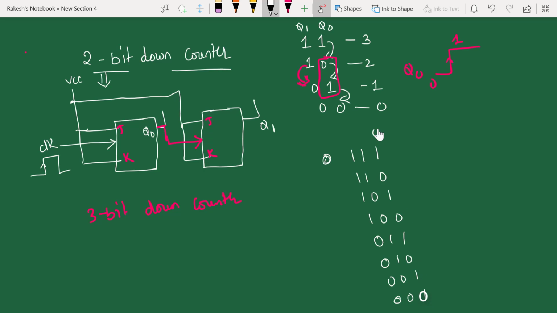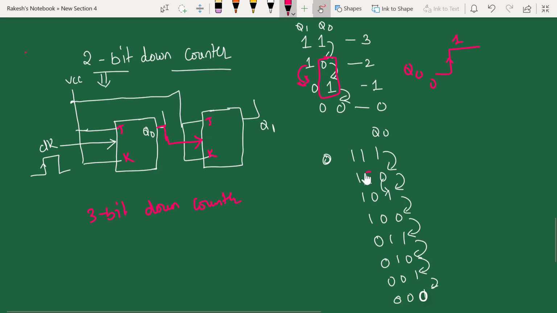If you look at here, your Q0 is toggling for each bit, 0 to 1, 1 to 0. That means your Q0 will be connected to the clock, and your second flip-flop is toggling whenever your Q0 moves from 0 to 1.